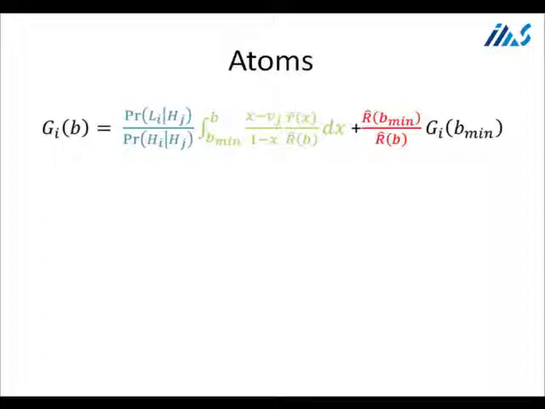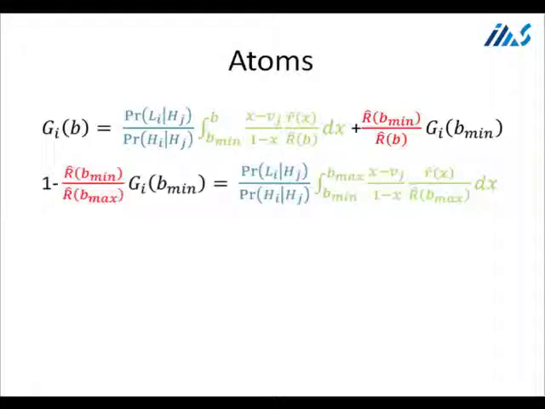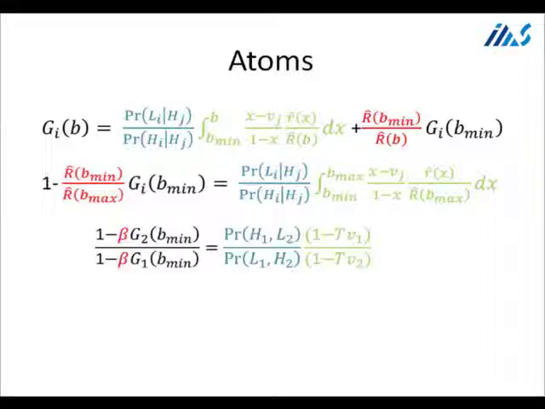So let's see how we do that. We look at both agents, they have this formula for their CDF. And we know that at B max, the cumulative distribution is 1. So we can replace B by B max and move this thing to the left-hand side. And then we can divide the two for the two agents and get this ratio.